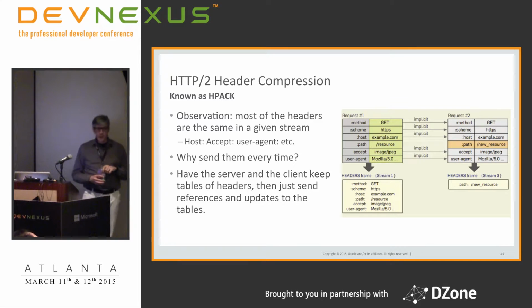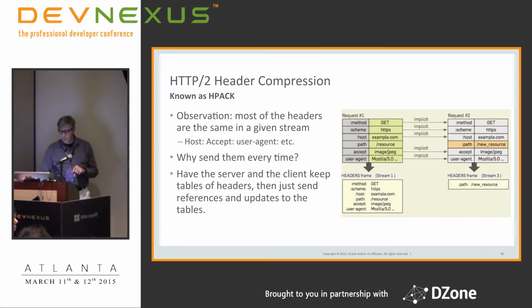Now, this is born of a really interesting and kind of obvious observation. Most of the headers are the same in a given stream. So with HTTP 1.1, you're sending the host and accept header, and you're sending a lot of the same stuff every time. Given that that's a lot of wasted bandwidth, why don't we come up with some way to not have to send that?